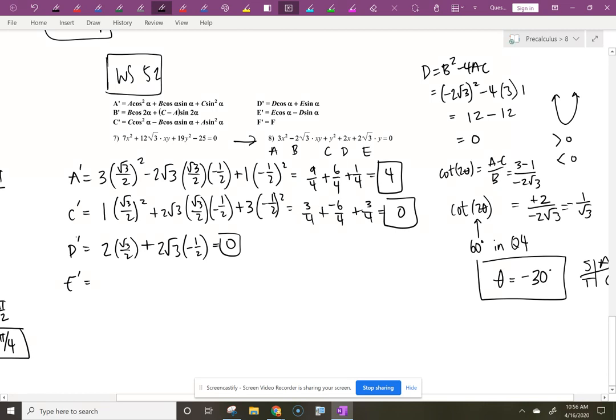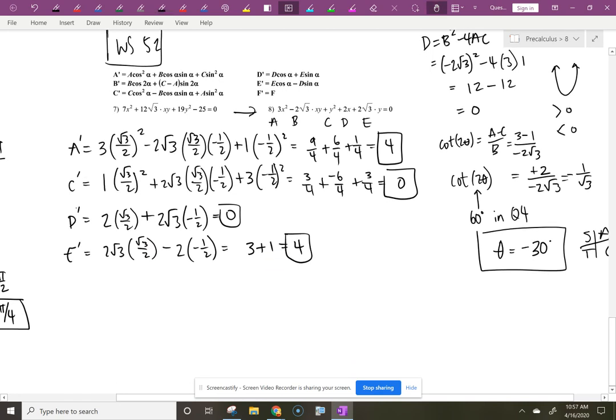E prime is E cosine theta, so 2 root 3 times cosine, which is root 3 over 2, minus D, which is 2, times sine, negative a half. So what is that? I see 2 times 3, which is 6 over 2, which is 3. And then here I see plus 1. And I get 4 for our E prime.